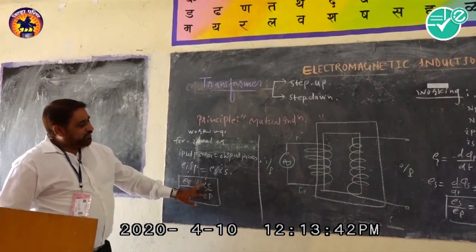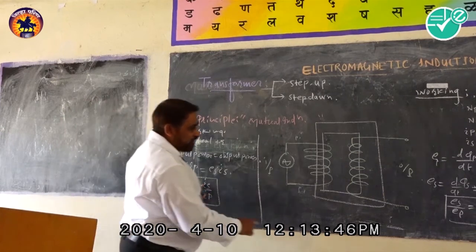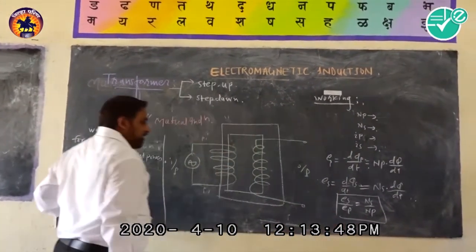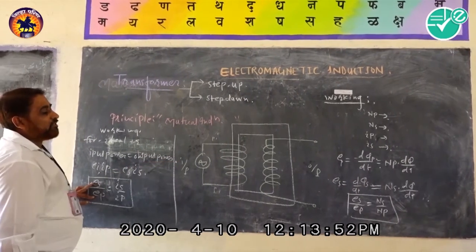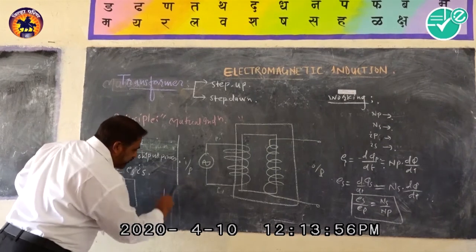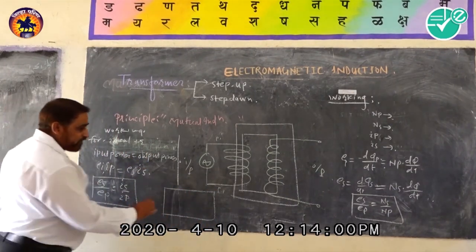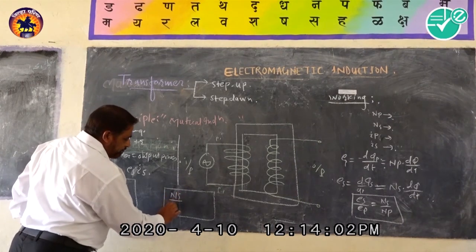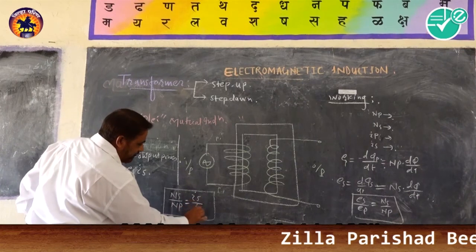Considering these two equations, we can write ES by EP on the left side in both. So this can finally be reduced to the expression of the transformer: NS by NP is equal to IP by IS.